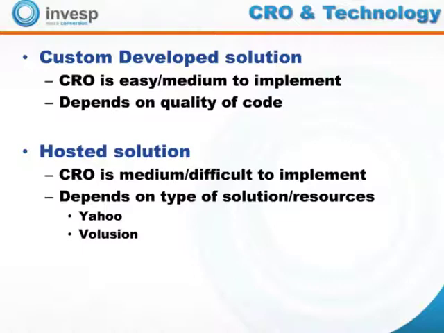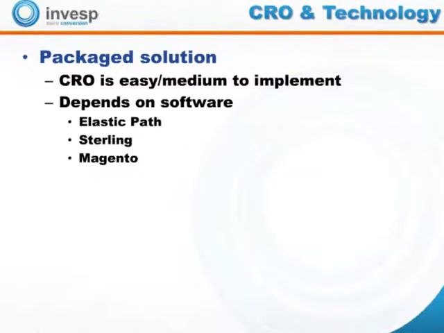The final solution is the packaged solution. So in the case of a packaged solution, conducting conversion optimization is easy to medium in terms of difficulty of implementation. Examples of the packaged solutions: there's Elastic Path, there's Sterling, there's Magento. Magento is very popular among e-commerce websites.